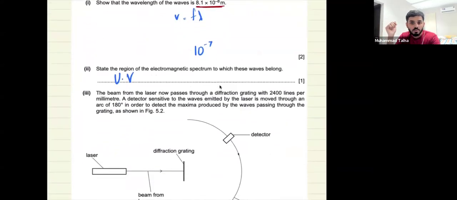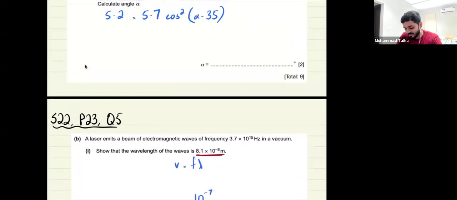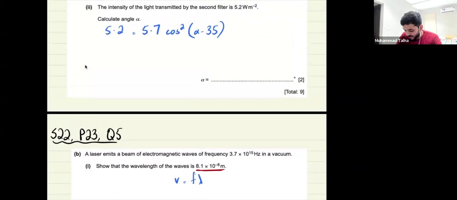Question 3 from Feb March 2023, paper 22. All right, so you sent an image. That's nice. We did exactly this one in the session. Let me show you.